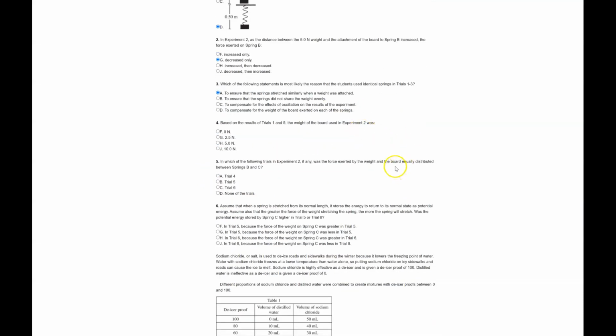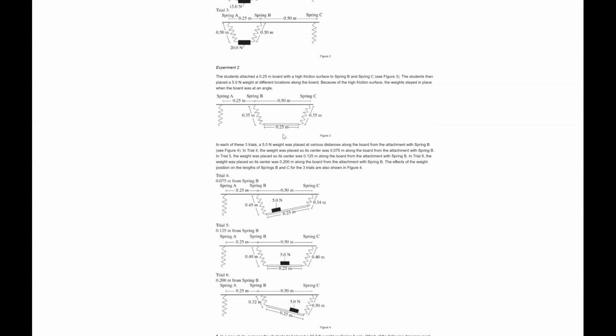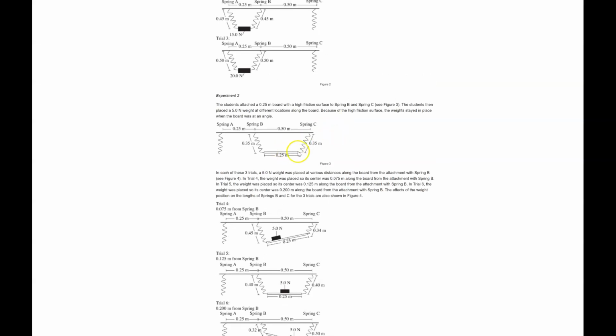Number 4, based on the results of trials 1 and 5, the weight on the board used in experiment 2 was... we've got a board, we've got stretching with a 5 Newton weight on it.